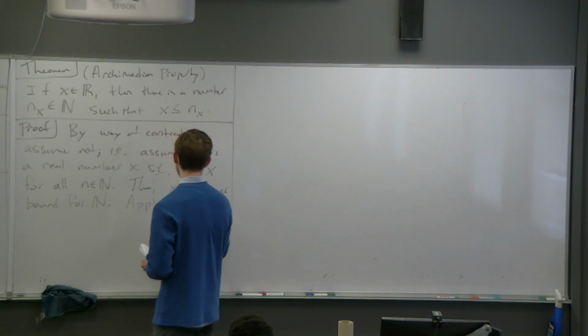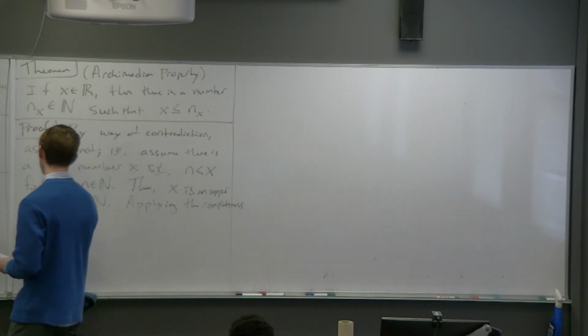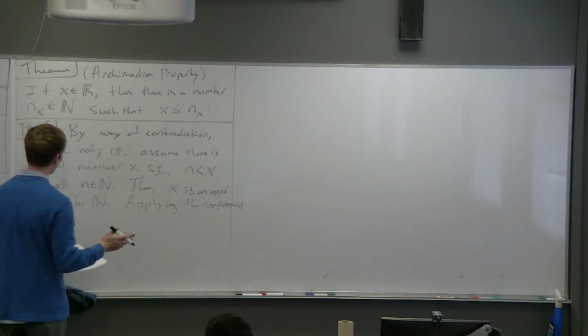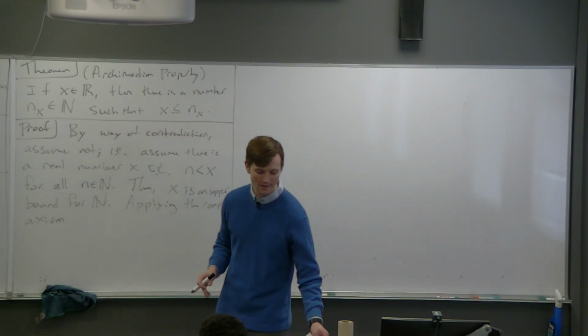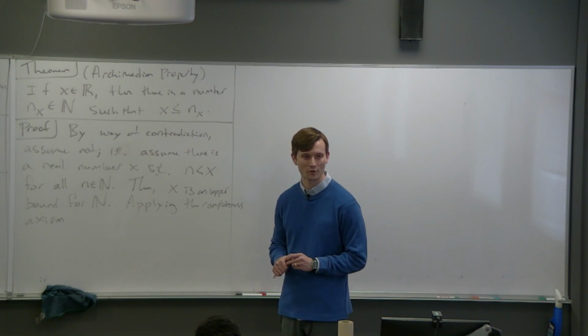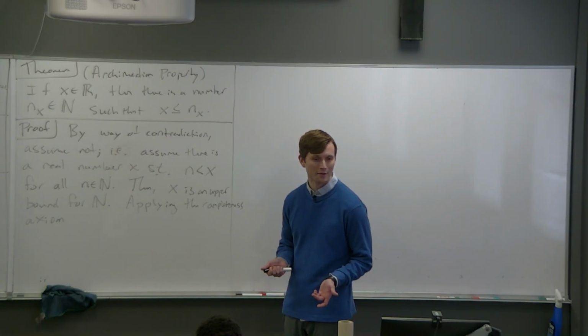Applying the completeness axiom. And perhaps I use the term completeness axiom here because your textbook uses it. It is not just a thing that we're assuming for free. This is actually a fact we can prove. You could impose this as an axiom, something you're taking for granted, but you don't have to here.